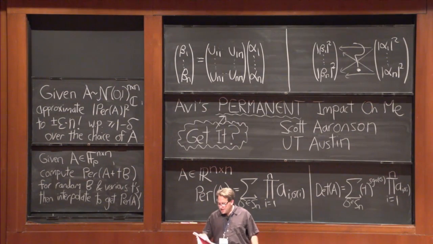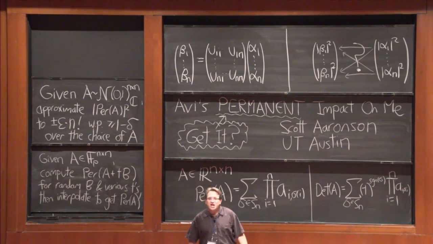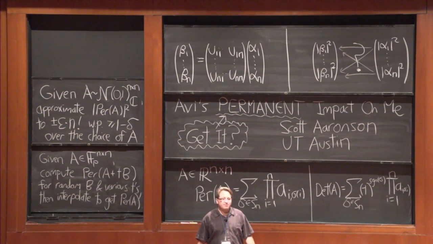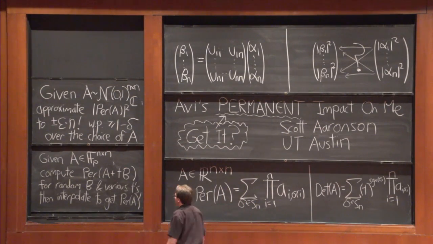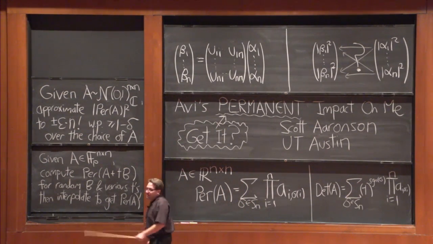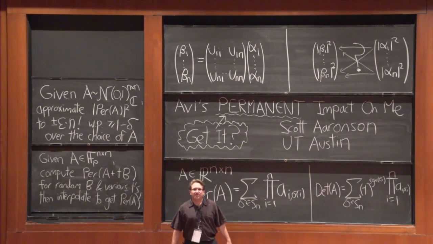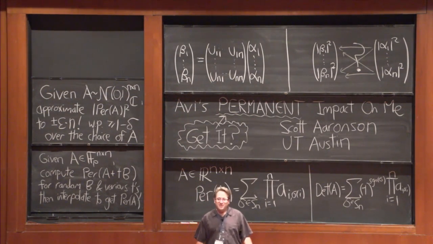In other words, the ability to calculate the permanent in polynomial time on 90% of such matrices, or even on 1% of them, implies the ability to calculate the permanent in polynomial time for every such matrix.